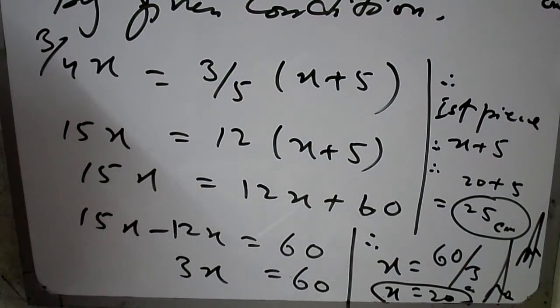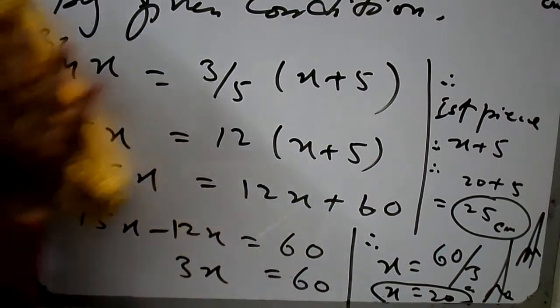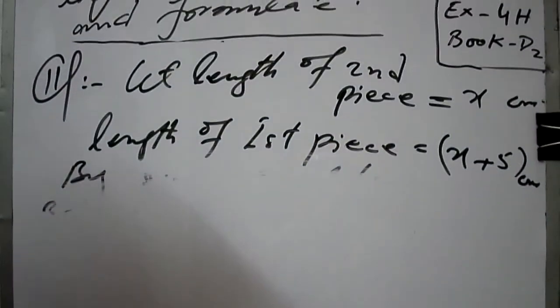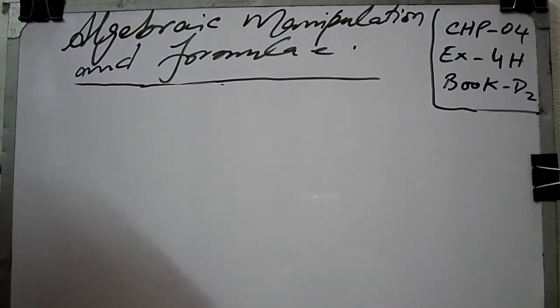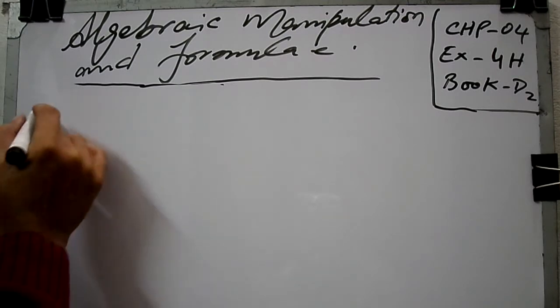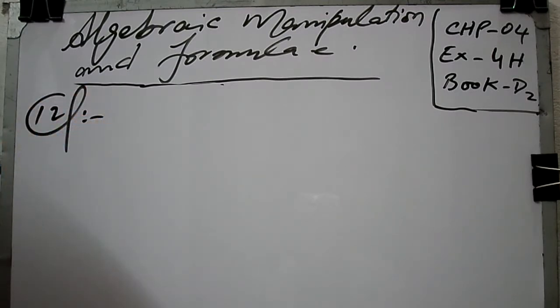Now coming to question number 12. If you read the statement in question number 12, a man walked for some distance at 8 km per hour and for an equal distance at 5 km per hour.